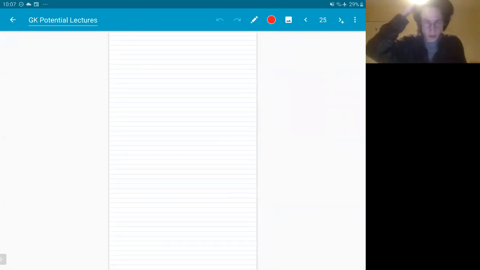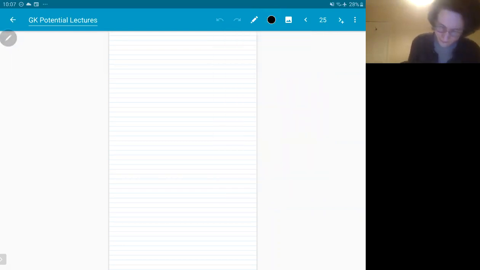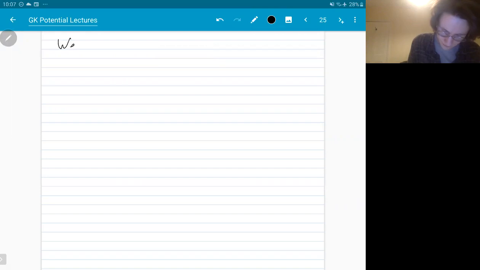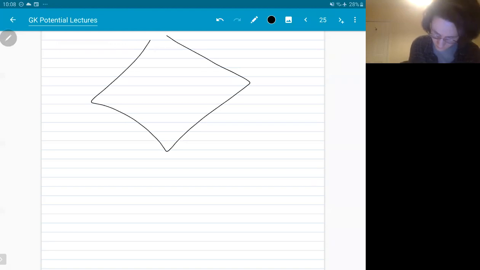Let me just say one more thing which Weinstein proves in that paper. He shows that the Poisson structures, so let me draw a picture like this.